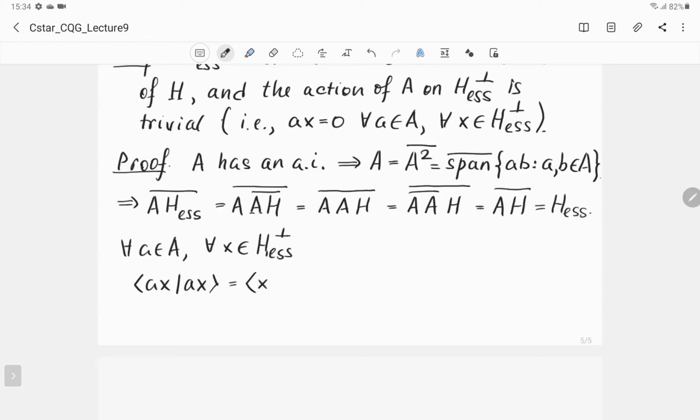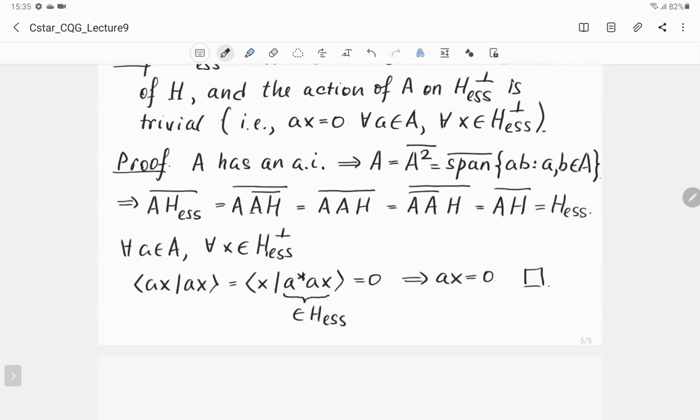This is the inner product of x with a star a x. But now the definition of the essential submodule implies that this element sits in the essential submodule. And since x is orthogonal to the essential submodule, this is 0. So this implies that ax is 0. And this completes the proof.